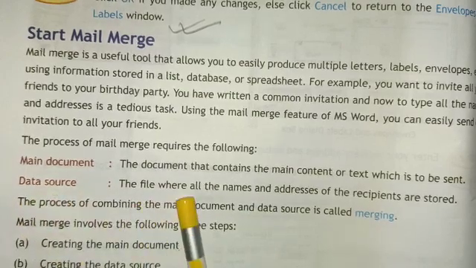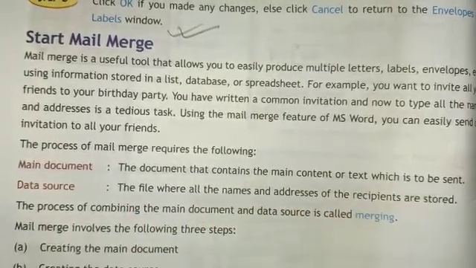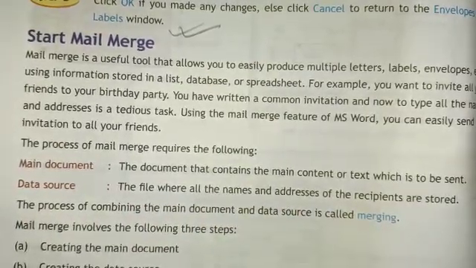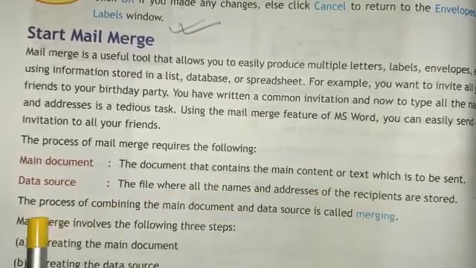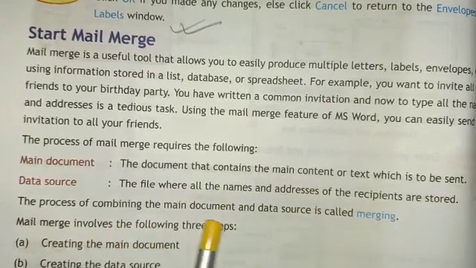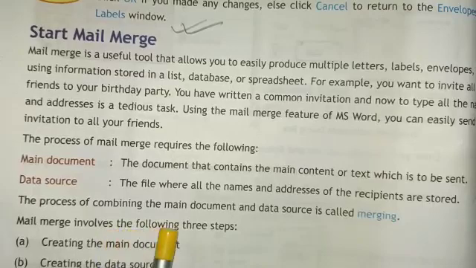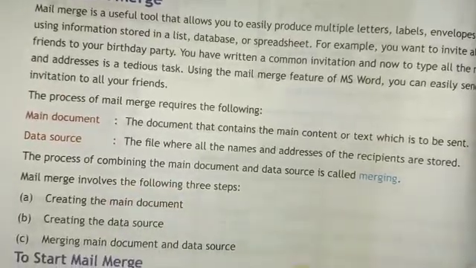Data source: the file where all the names and addresses of the recipients are stored. The process of combining the main document and data source is called merging.